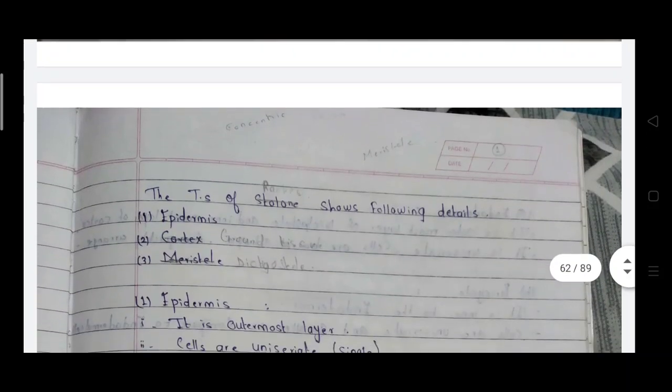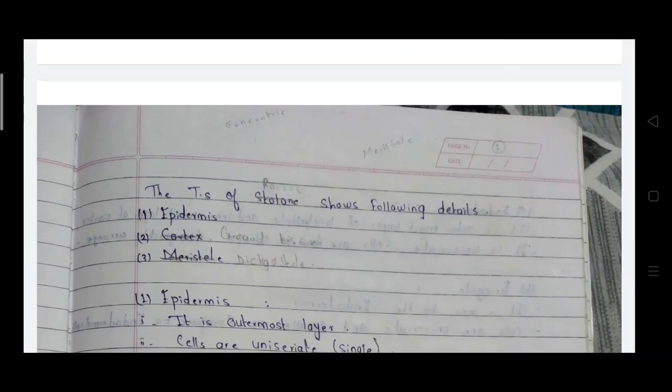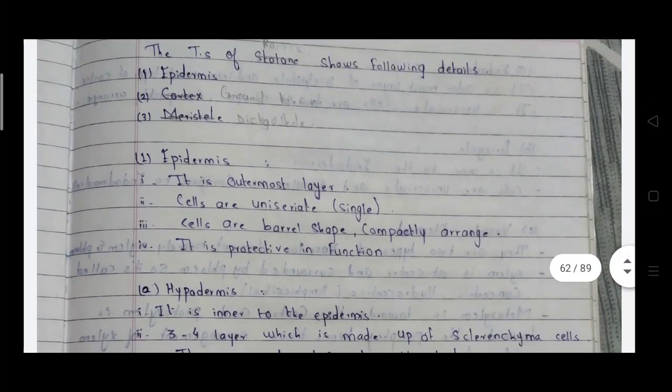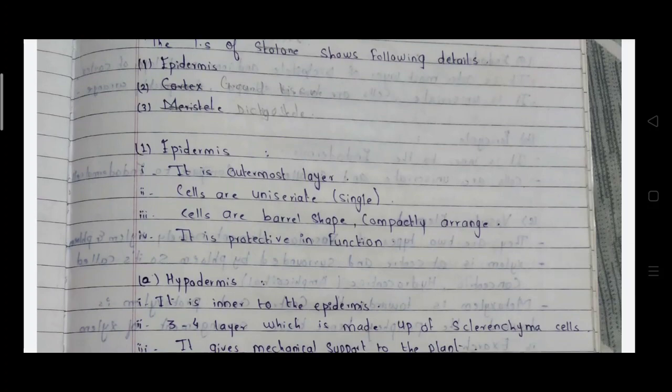So let's discuss the parts of this transverse section of the rachis. The transverse section is divided into three parts, that is epidermis, ground tissue and dictyostele. The epidermis is the outer layer of this rachis.